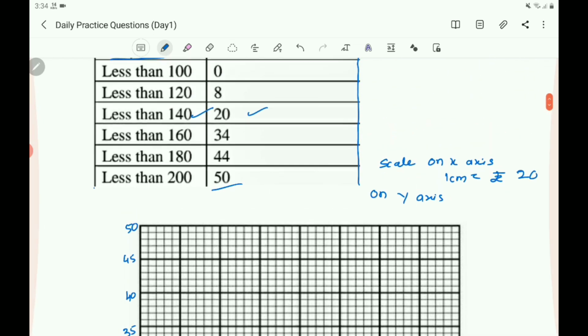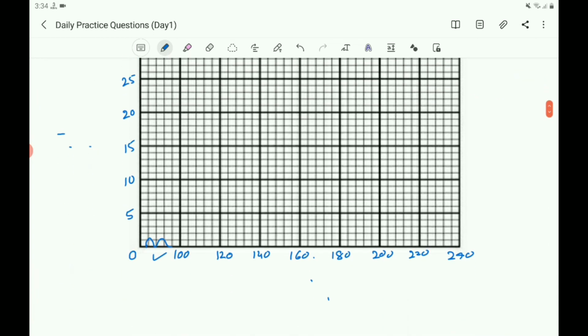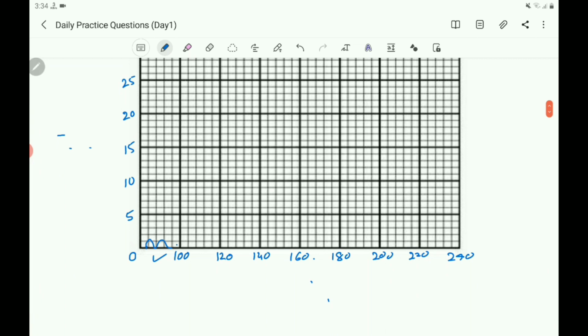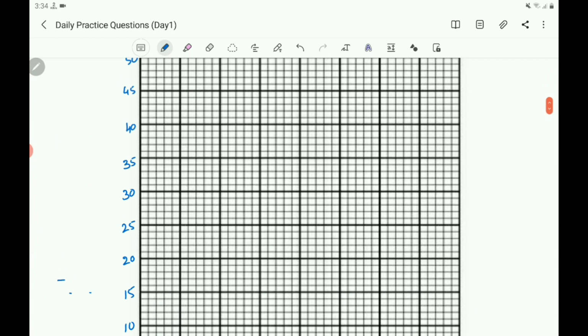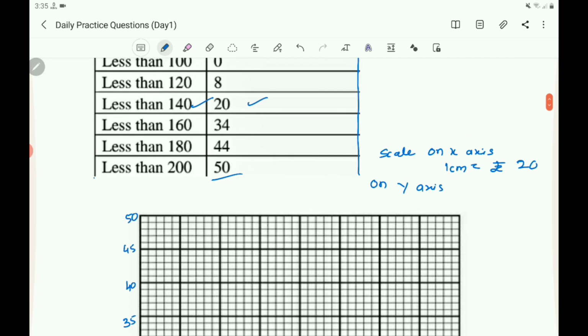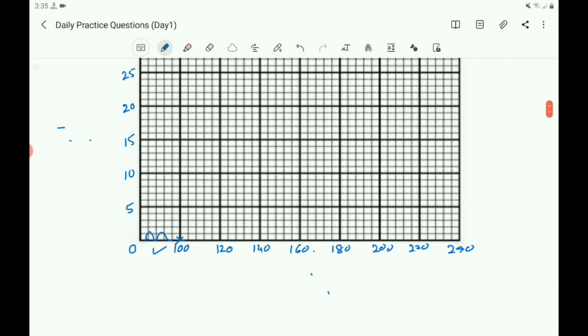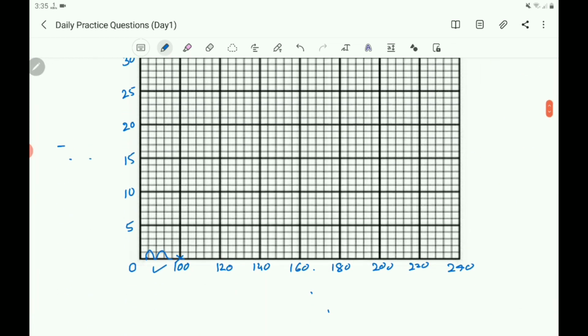So you take 100, 0. It is 100, 0 means it comes here. Then 120, 8. 120 is there. 6, 7, 8.